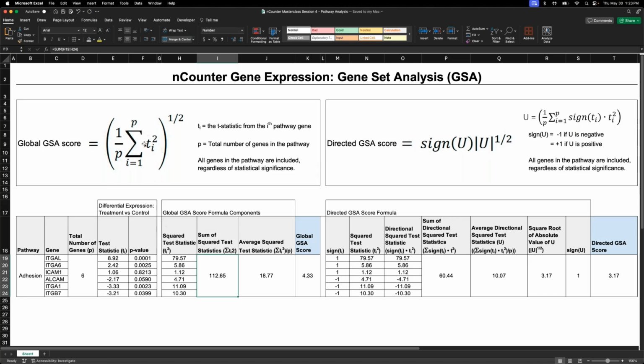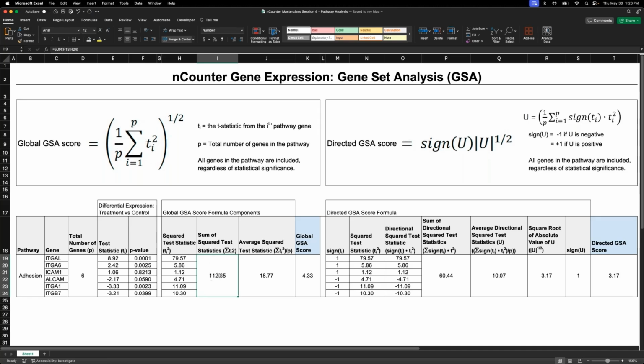That's all this is saying here: this sigma is summing all of these T squareds. So that's 112.65. And then P is the total number of genes in our pathway, which happens to be 6. So the way that I think about this whole thing in the parentheses, it's just the average of our squared T statistics.